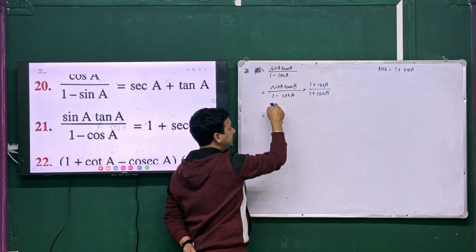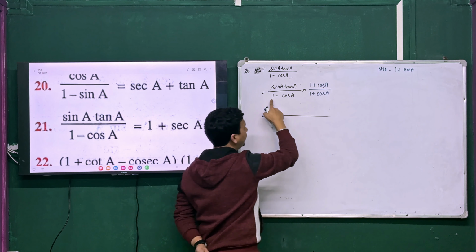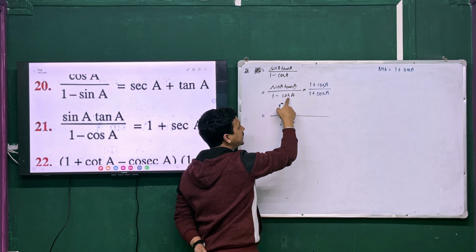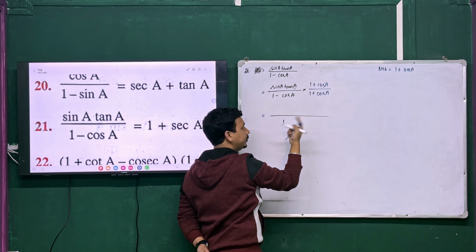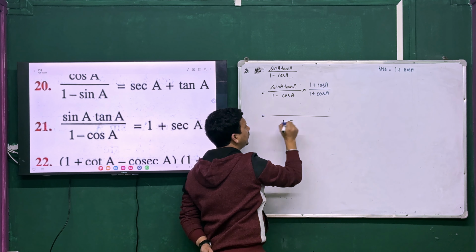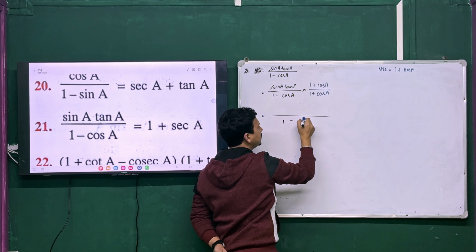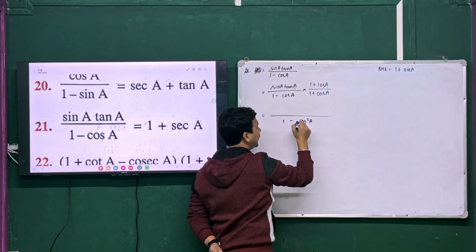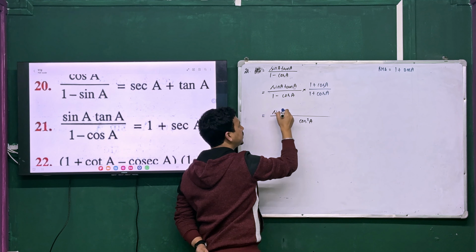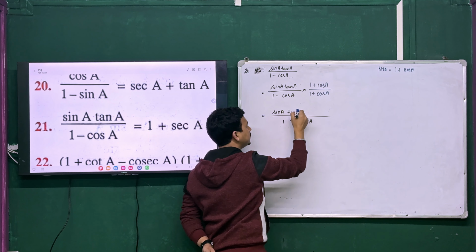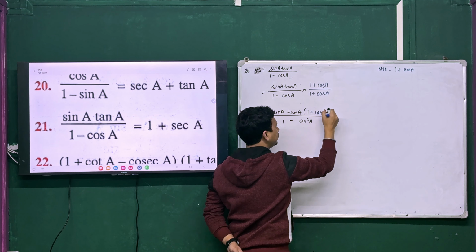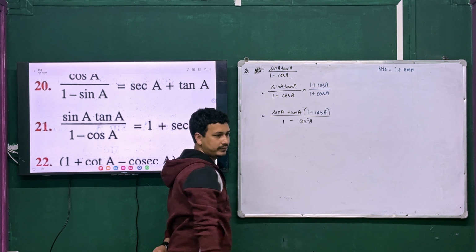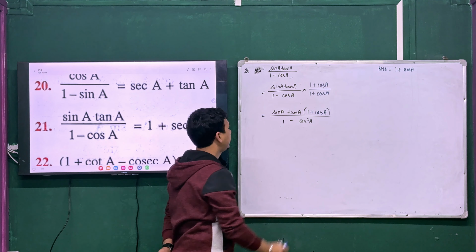Now look at the denominator, that's more important. In the denominator, what do we have? A minus B, A plus B. So it will be like A square, which is 1 square is 1, minus B square. B is cos, so cos square A. In the numerator, we will not expand and we will leave it as it is, plus cos A. Till here, I think it should be fine, right?